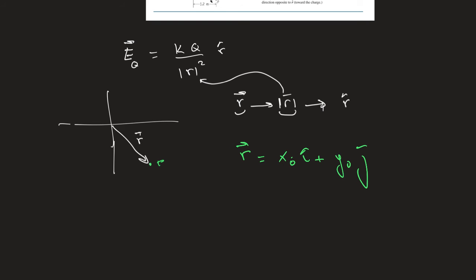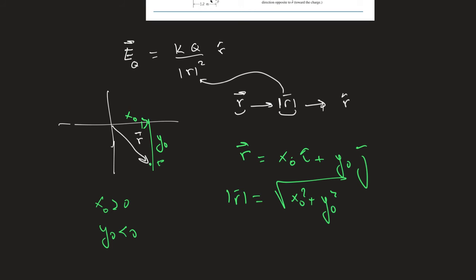In our case, x0 could be this distance, and y0 could be this distance. Of course, if it's like the picture, x0 is positive and y0 is negative. So first step, find the magnitude. The magnitude of r is the square root of x0 squared plus y0 squared. I plug in numbers, and I have the magnitude of the vector, the length of this vector. So this is the distance squared. So I found this part.